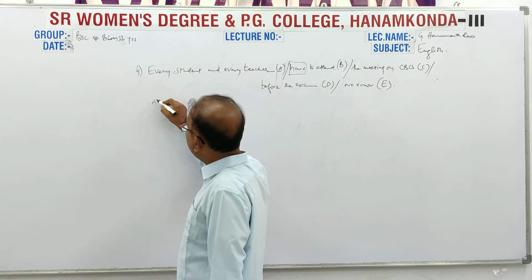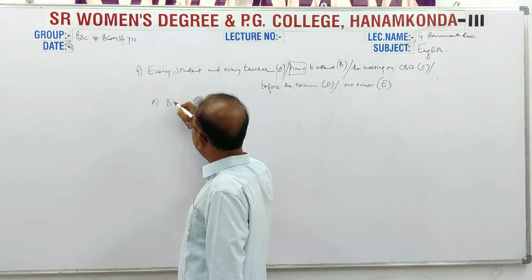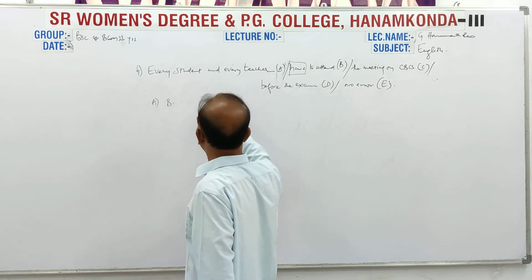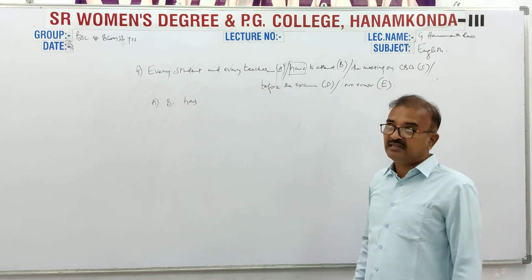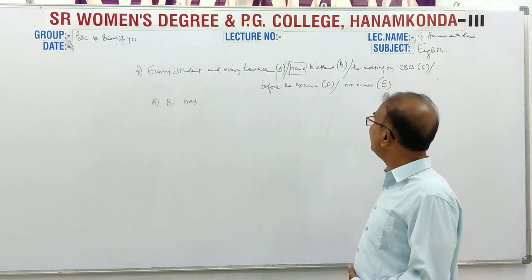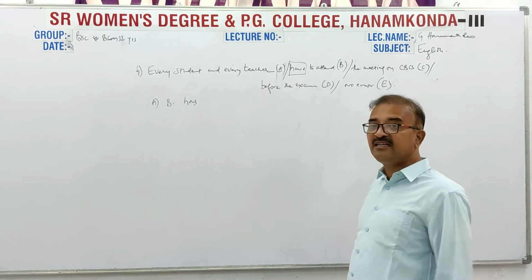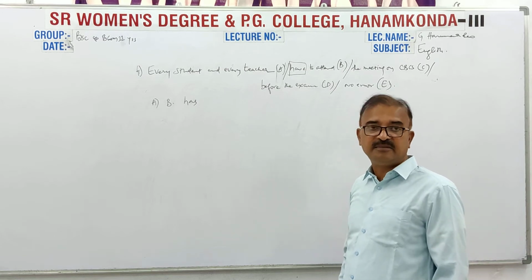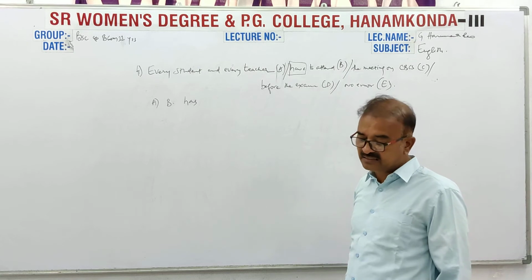The answer is in part B, and the mistaken thing is have; it should be has. Every student and every teacher has to attend the meeting on CBCS before the exam. That is the answer.